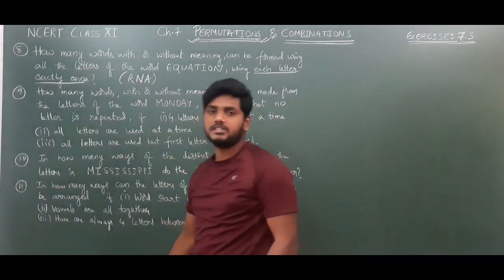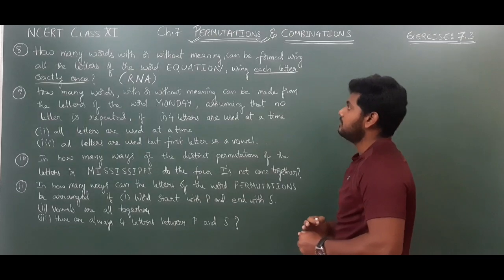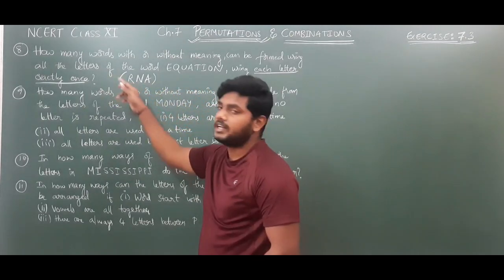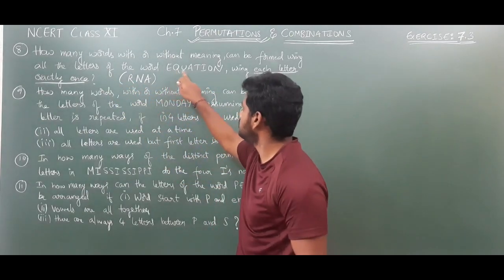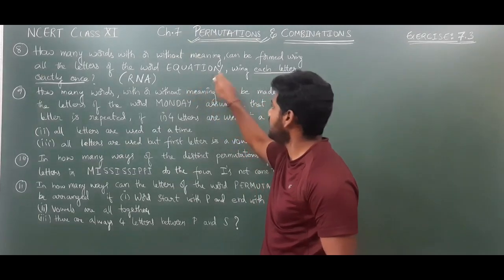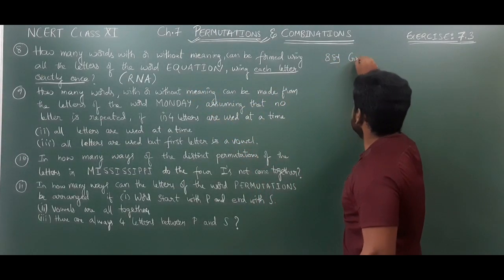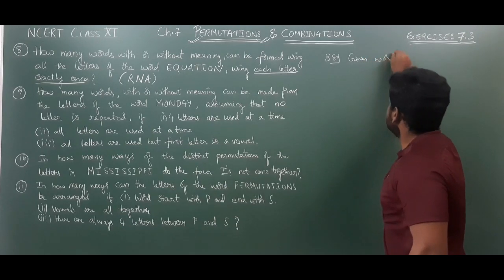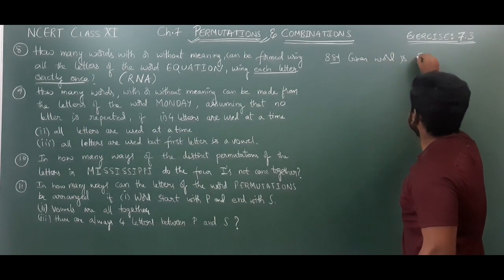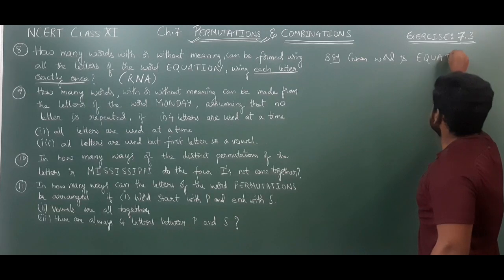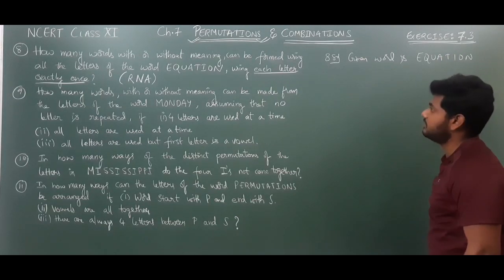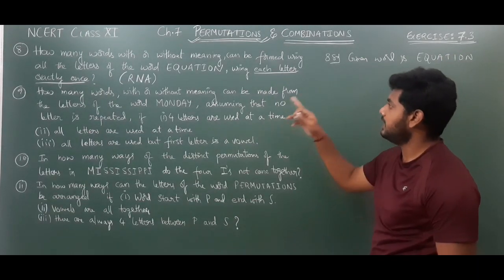RNA means repetition not allowed. So using all the letters, we need to form a word of 1, 2, 3, 4, 5, 6, 7, 8 letters. So what is the given word? The given word is EQUATION. By that we need to form an 8 letter word.